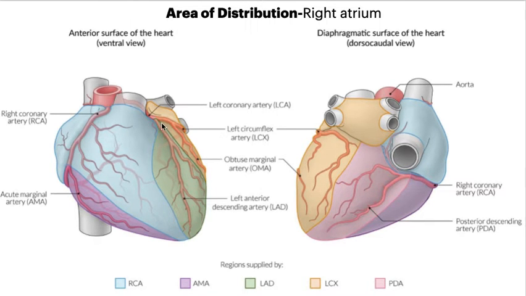You can see that it is supplying the left border and left part of the diaphragmatic surface. Also, we have the obtuse marginal artery supplying the diaphragmatic surface and the left atrium, right? And then we had the posterior descending artery supplying the posterior interventricular septum, most commonly arising from the right coronary artery.